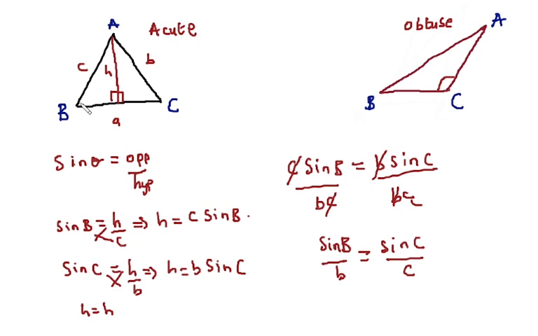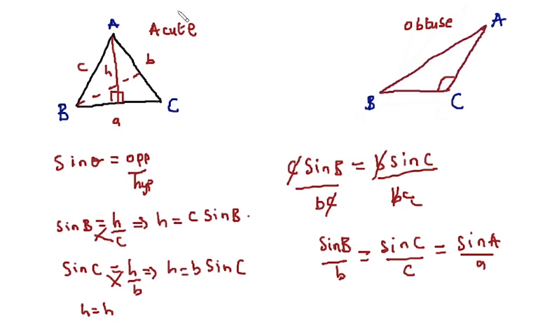If we had cut this triangle another way, we'd get sine A over a equal to one of these terms. It depends on where we cut it from. So therefore, this by extension is equal to sine A over a. So that's how you prove the sine rule for an acute triangle.